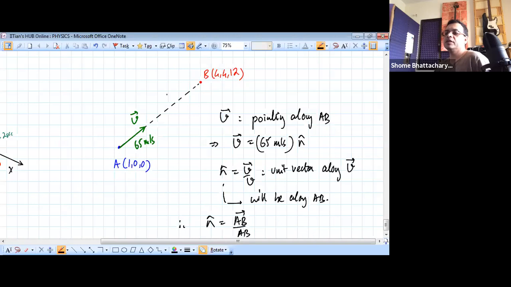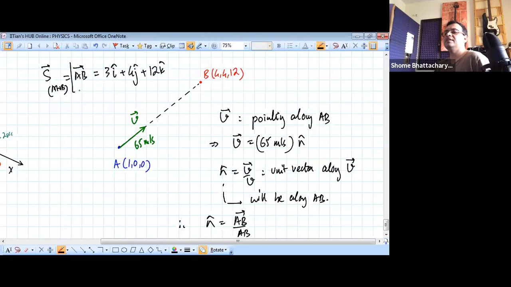So what is the vector joining A and B as a displacement? If you go from A to B, it's a displacement from A to B. That vector AB is: going from x coordinate 1 to x coordinate 4, so 3 i cap. Then from 0 to 4 along the y axis, so 4 j cap. And then 0 to 12 along the z axis, so 12 k cap.